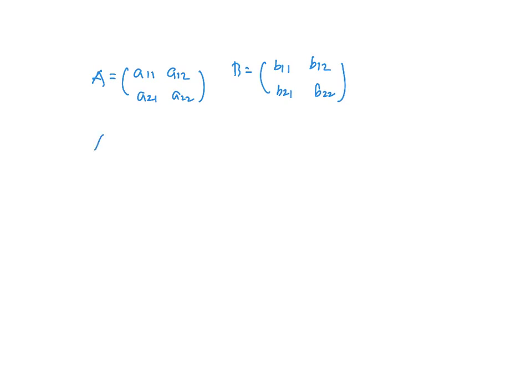So AB is actually this: A11 B11 plus A12 B21 in the first element, A21 B11 plus A22 B21, right?